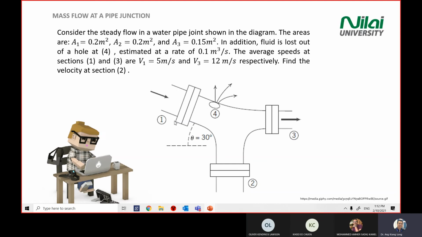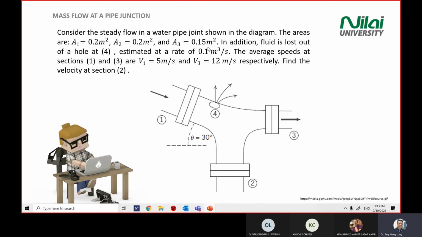The areas at 1, 2, and 3 are given, and somehow there's an opening at point number 4. The flow is lost at hole number 4, estimated at the rate of 0.1 meter cube per second.